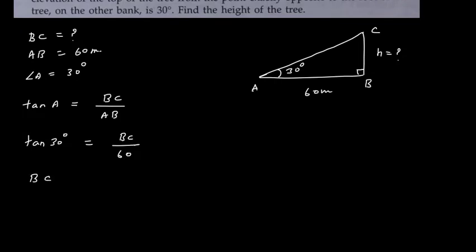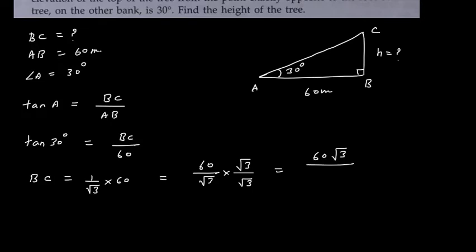BC equals tan 30 degree, which is 1 upon root 3, so 1 upon root 3 into 60. We rationalize it: 60 upon root 3. We multiply and divide by root 3. So this will become 60 root 3, and the root 3 in the denominator will become 3. So 3 twos are 6. This will become 20 root 3.